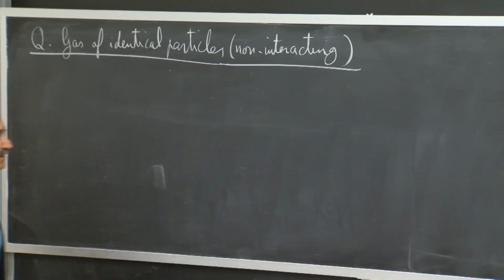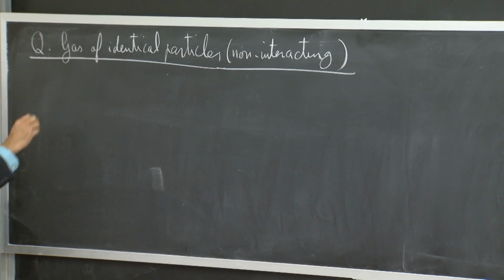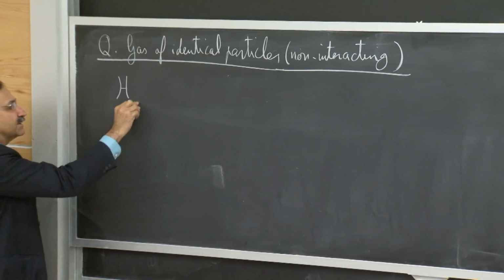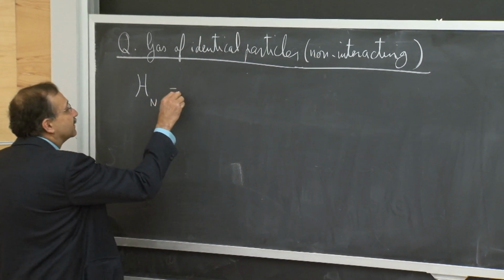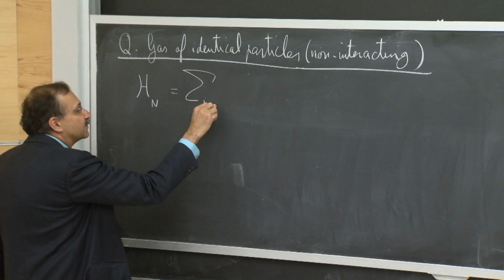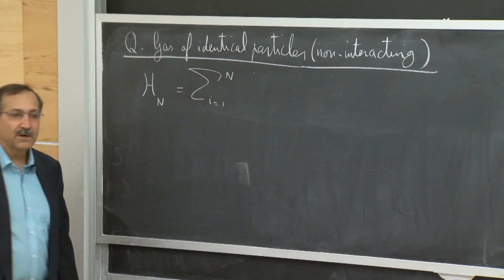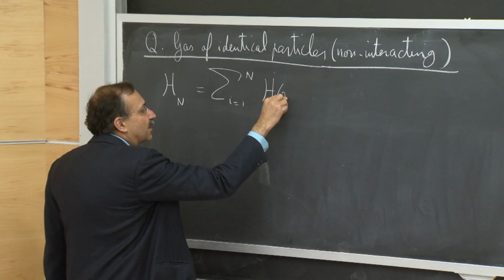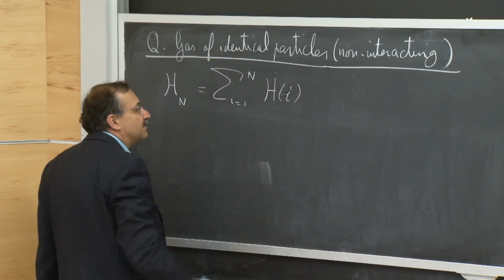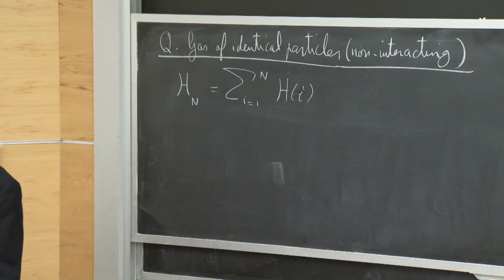Okay, so what does that mean? It means that we are thinking about a Hamiltonian for a system of n particles. If they are not interacting, it can be written as the sum of the contributions for the individual particles. And if they are identical, it's basically the same particle for each one of them. Same Hamiltonian for each one of them.